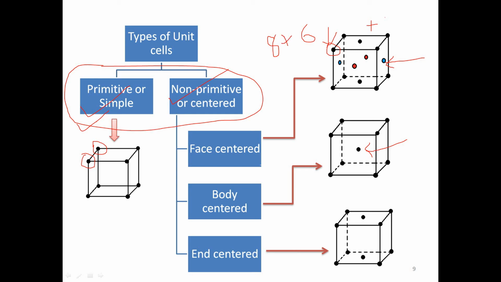For body-centered we have 8 corners plus 1 at the center. For end-centered we have 8 at the corners plus 2 constituent particles at the centers of 2 opposing faces.